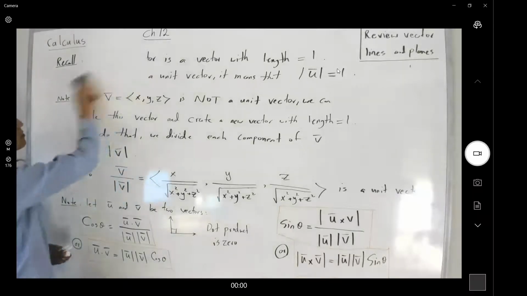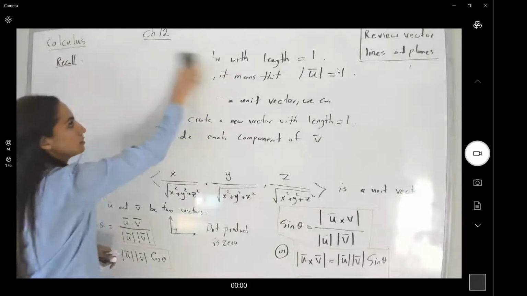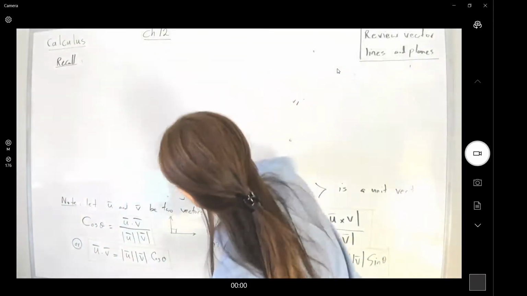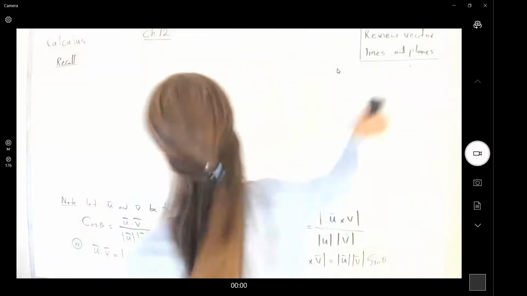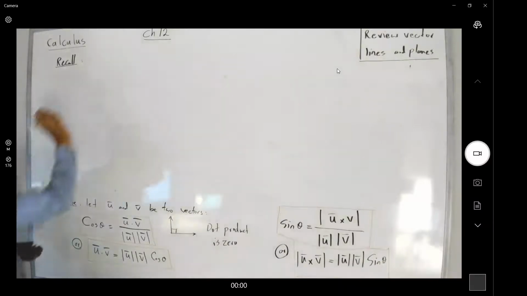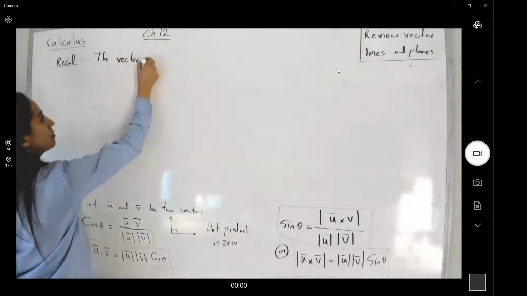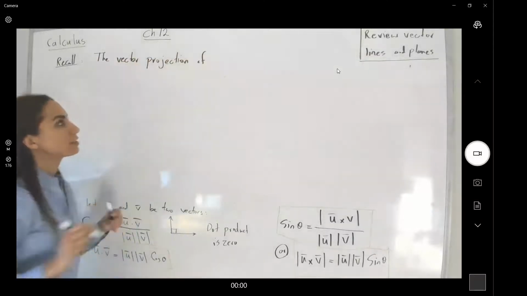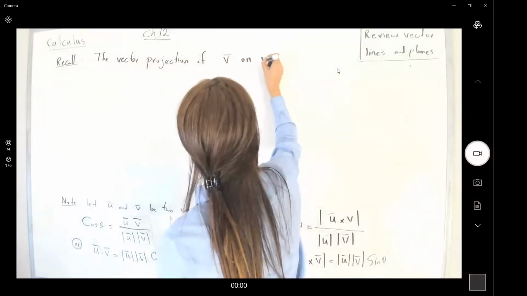Very well. We can also project a vector over another vector. The vector projection of vector, for example, v on vector u.